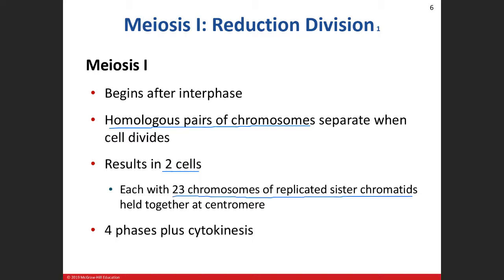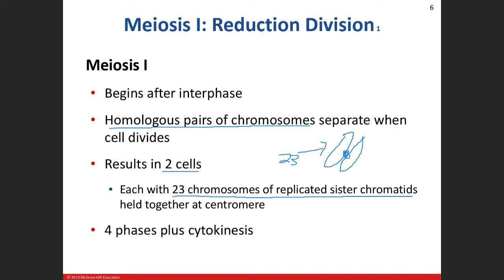That's still 46, because remember, sister chromatids are 2. This is a chromatid here. But those sister chromatids are still attached by that centromere there. Okay? So each of these chromatids has 23 chromosomes on it.